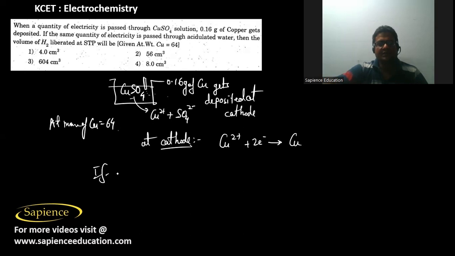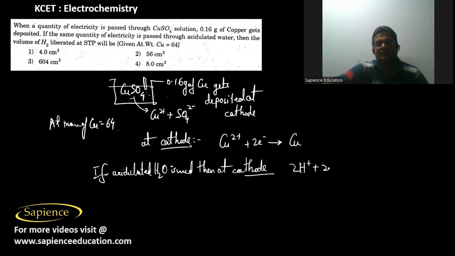If acidulated water is used, then at the cathode the H plus ions gain electrons to form H2 gas.